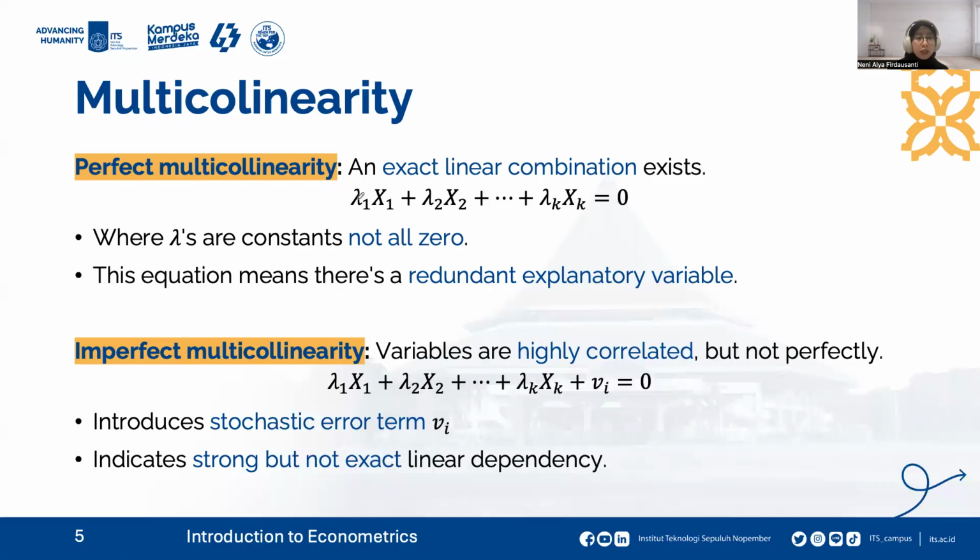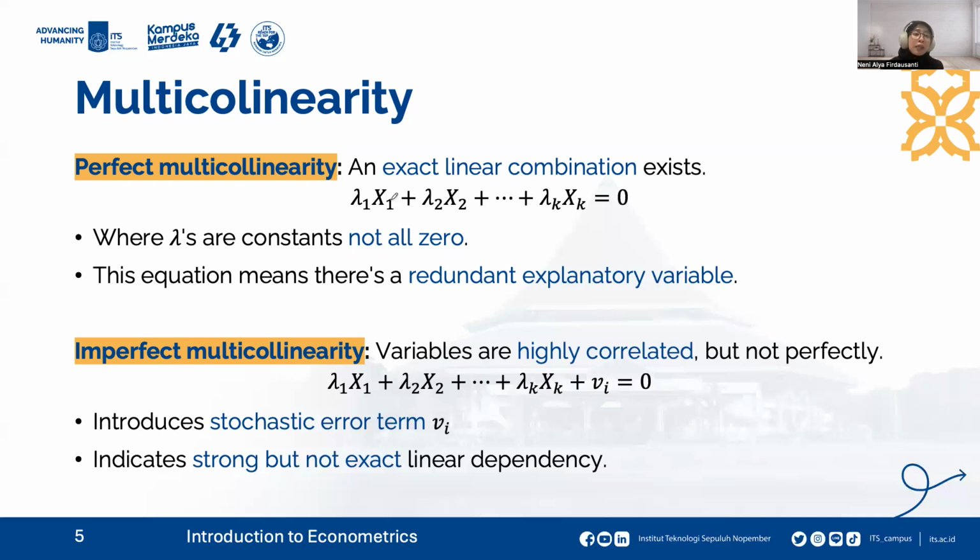Because lambda 1 x1 plus lambda 2 x2 is 0, x1 will have a linear correlation with x2 and vice versa, which means that both of them are redundant. If we include them in the regression, we cannot separate the effect of x1 and x2.